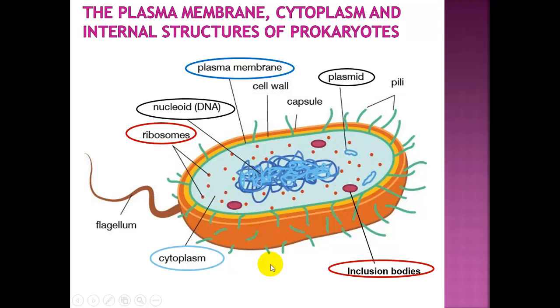As we have studied before, the nucleoid is the region where the DNA is located, and the plasmid is an extrachromosomal DNA present in some bacteria.